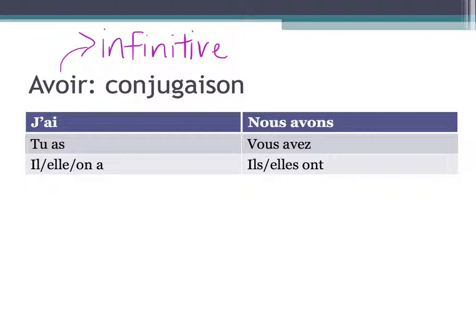Leave plenty of space to write in your conjugations here in just a minute. We're going to go over all of them, okay? But it's very important that your verb chart is neat in your notes to get into the habit of doing that. Okay, so hopefully you have set up your verb chart and drawn your lines. If you haven't, you should pause the video and go ahead and do that.